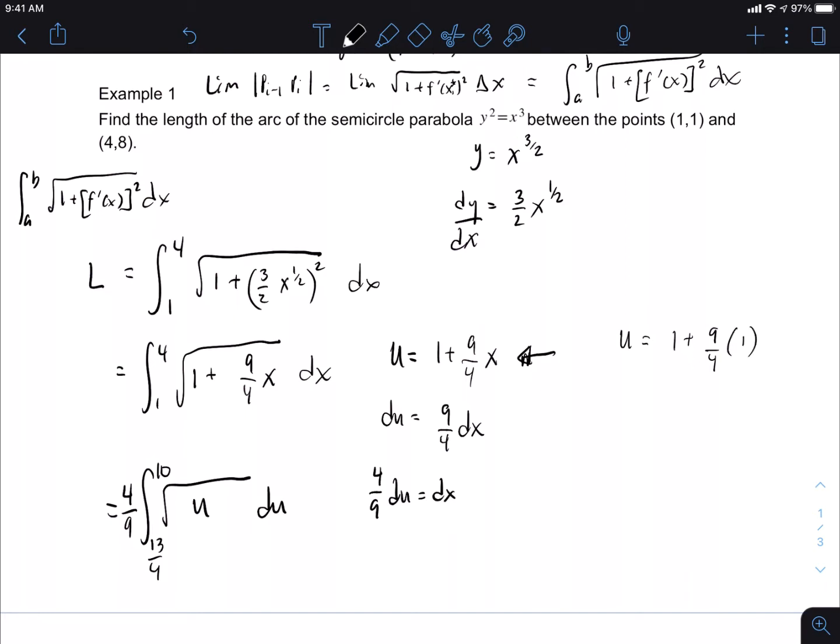When I plug in 1 there, what's going to happen? You have to change the 1 by itself to a 4/4 fraction. Yeah, we'll see that becomes a 13/4, right? And then when I plug in 4, I see that I'm going to get 1 plus 9, which is going to give me that 10. Does that make sense?